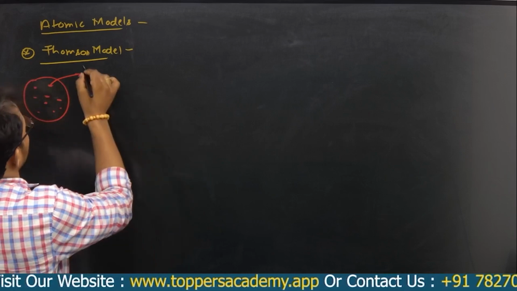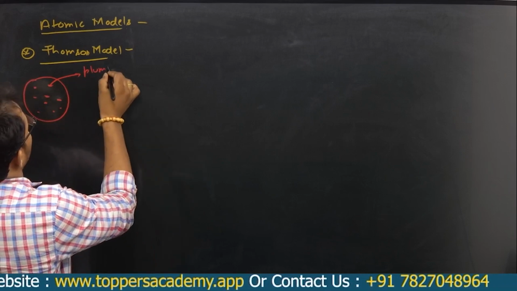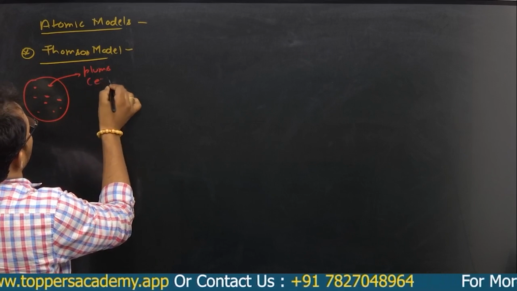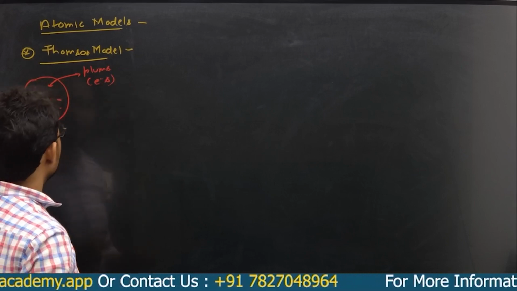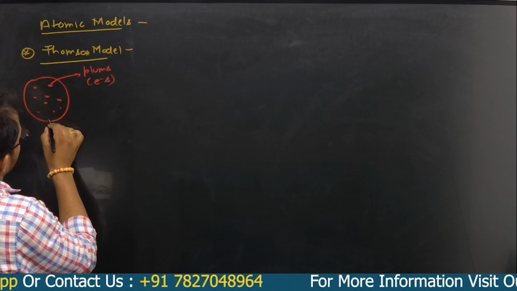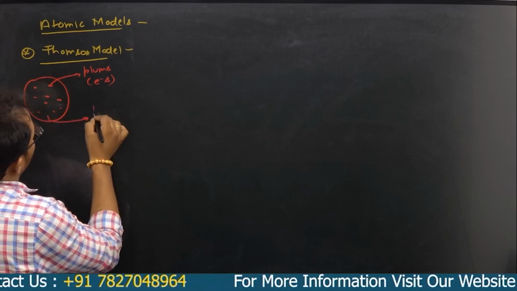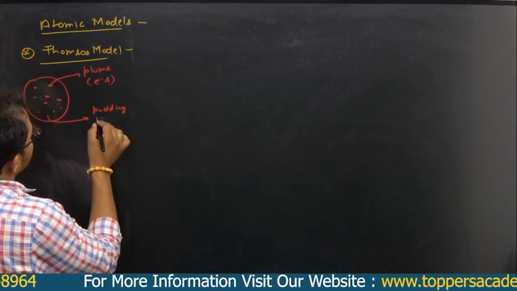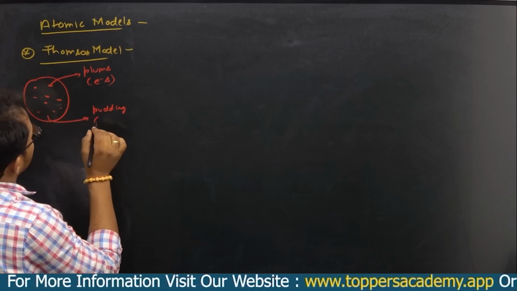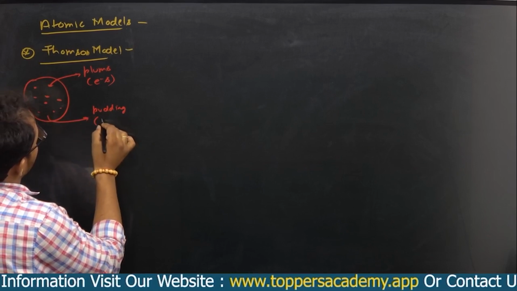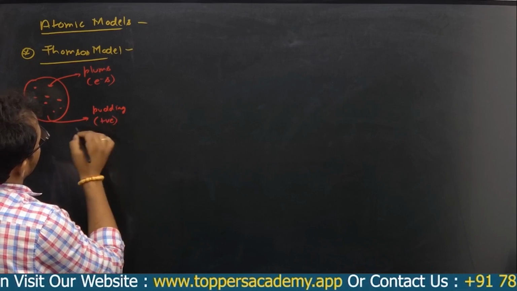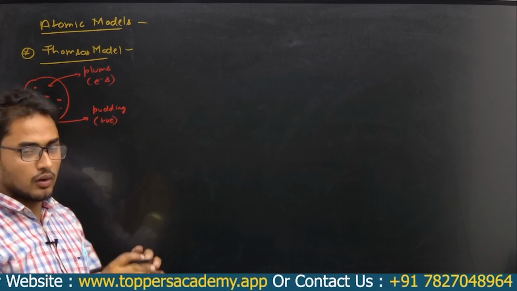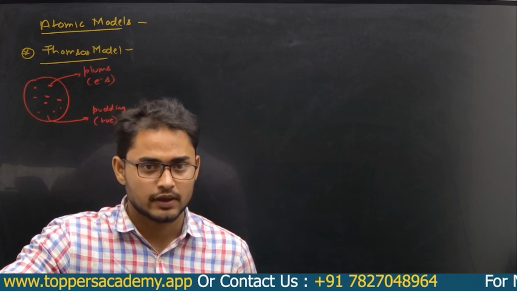Okay, so he said that in a similar way he compared these plums to electrons in the case of an atom, and this pudding part that we eat, the red part, is the positive charge spread out in all the space of the atom, right.